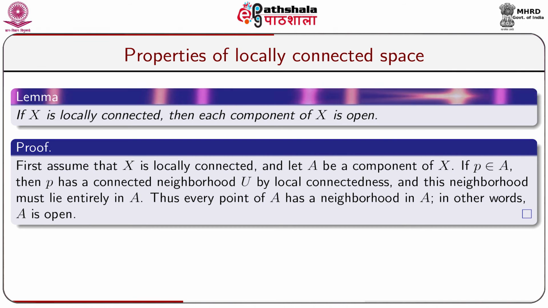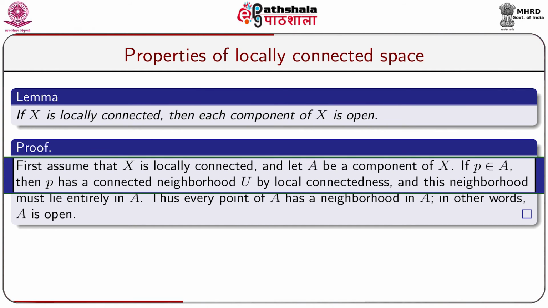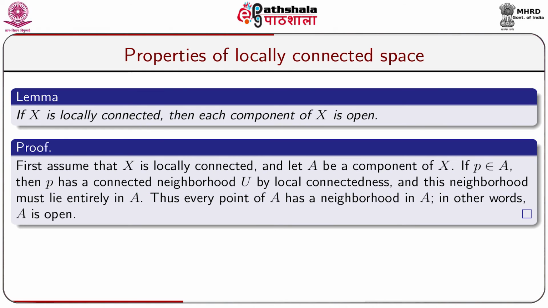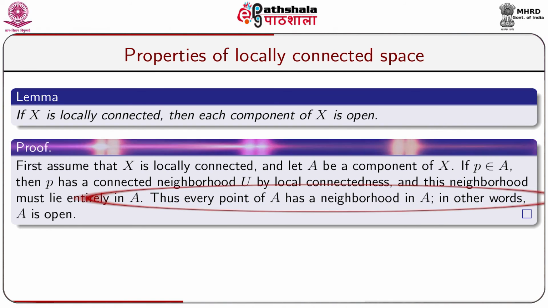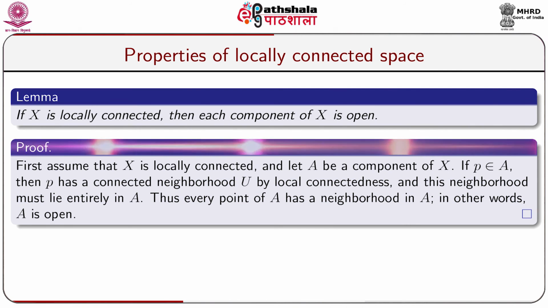So to prove that for a locally connected space every component is open, first assume that X is locally connected and A is a component of X. Now if p belongs to A, then p has a connected neighborhood U by local connectivity, and this neighborhood must lie entirely in A. Thus, every point of A has a neighborhood in A. In other words, A is open.